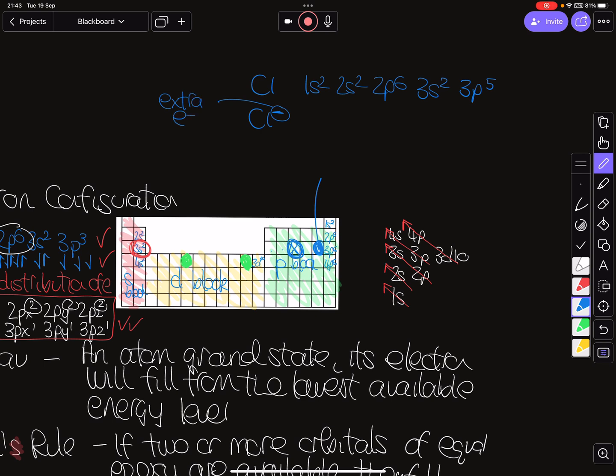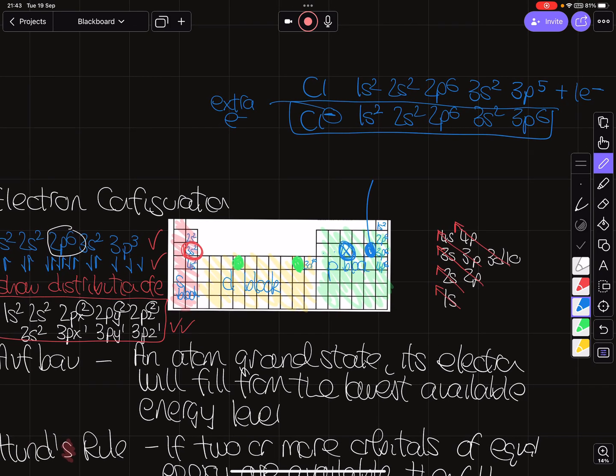All that is going to mean is that we add 1 electron onto the electron configuration of chlorine to get chloride's electron configuration. Essentially, we've now turned it into the noble gas next to it, which is argon. So 1s2, 2s2, 2p6, 3s2, we're now at 3p6, which is the exact same electron configuration as you would see for the noble gas next to it in this position here.